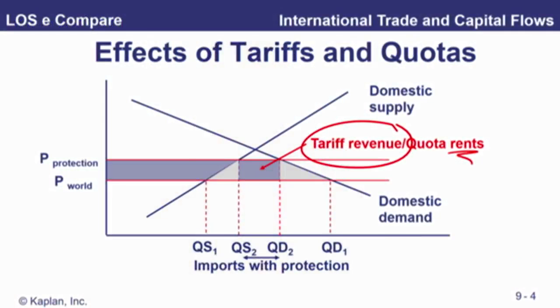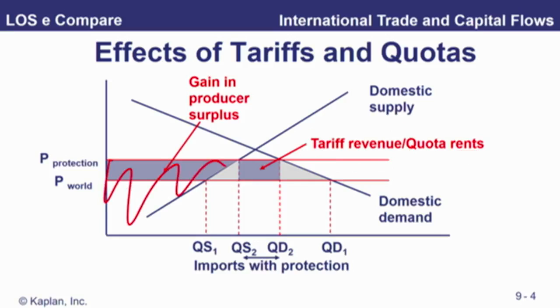What else? Well, again, the diagram will show us. This big chunk here has turned into producer surplus because our domestic suppliers now have extended our producer surplus, so it's now all of this. So they can charge a higher price, they gain. So some of the consumer surplus has gone to government, potentially exporter.